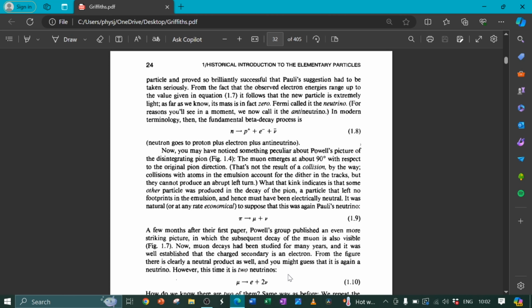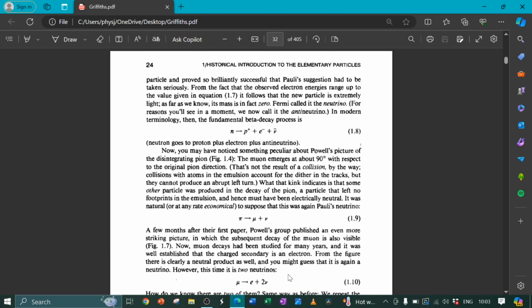What that kink indicates is that some other particle was produced in the decay of the pion, a particle that left no footprints in the emulsion and hence must have been electrically neutral. It was natural, or at any rate economical, to suppose that this was again Pauli's neutrino. Pion goes to muon plus neutrino.